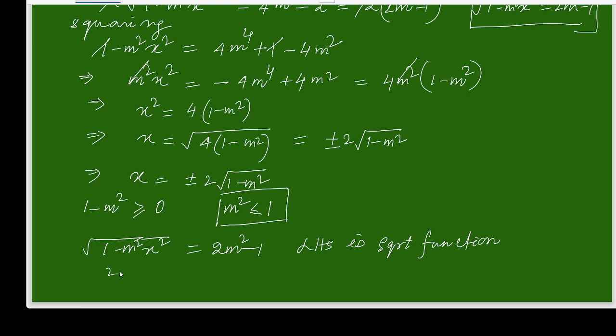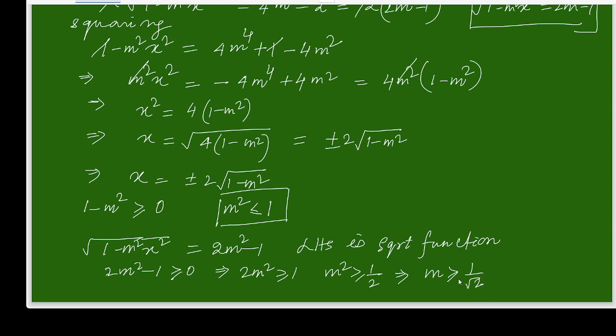So 2m square minus 1 must be greater than or equal to 0. So 2m square must be greater than or equal to 1, or m square must be greater than or equal to 1 by 2, or m should be greater than or equal to 1 by root 2.